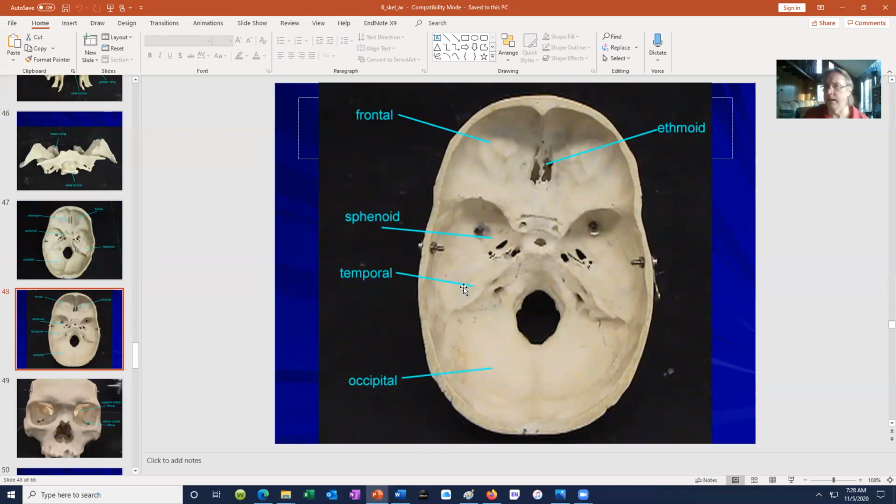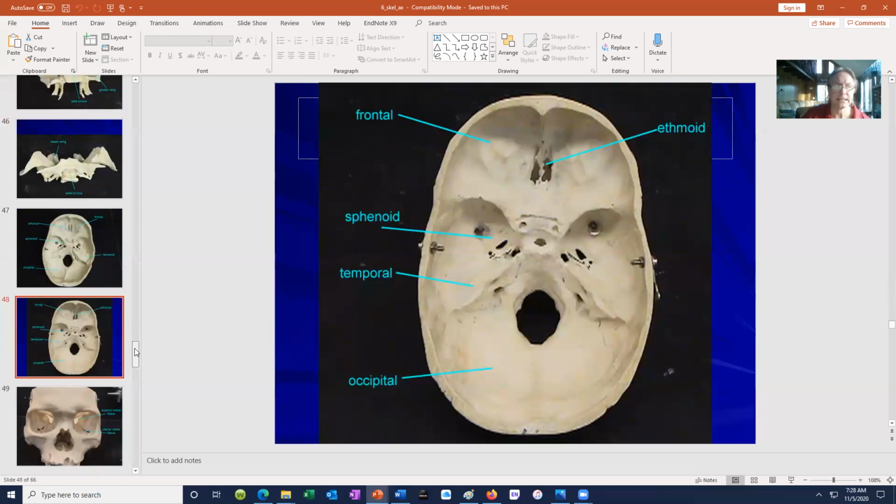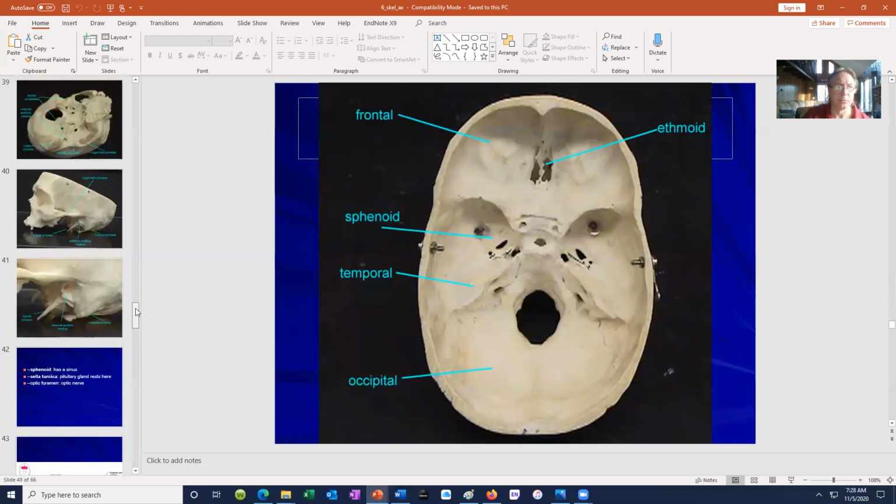Actually, there's two parts of the temporal bone, the squamous portion on the outside and the petrosal. This is the petrosal portion. So the middle and inner ears will be inside the temporal bone.